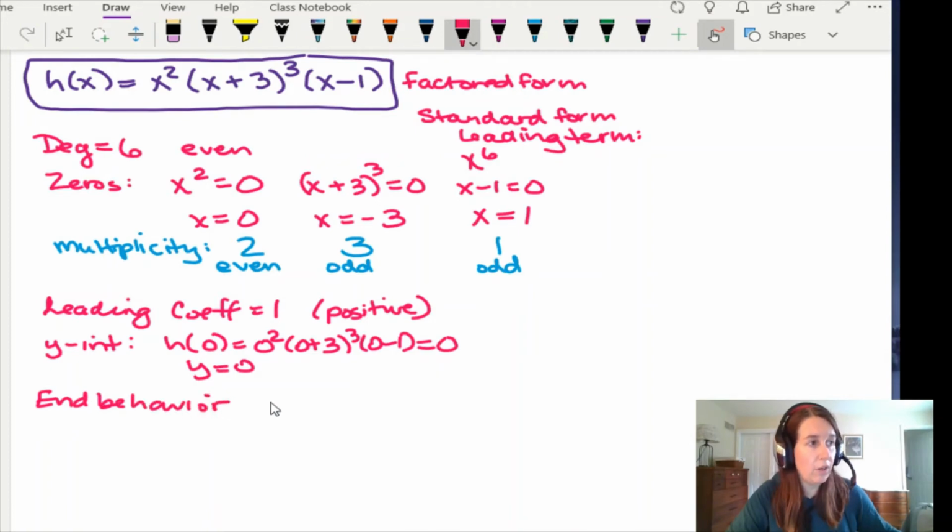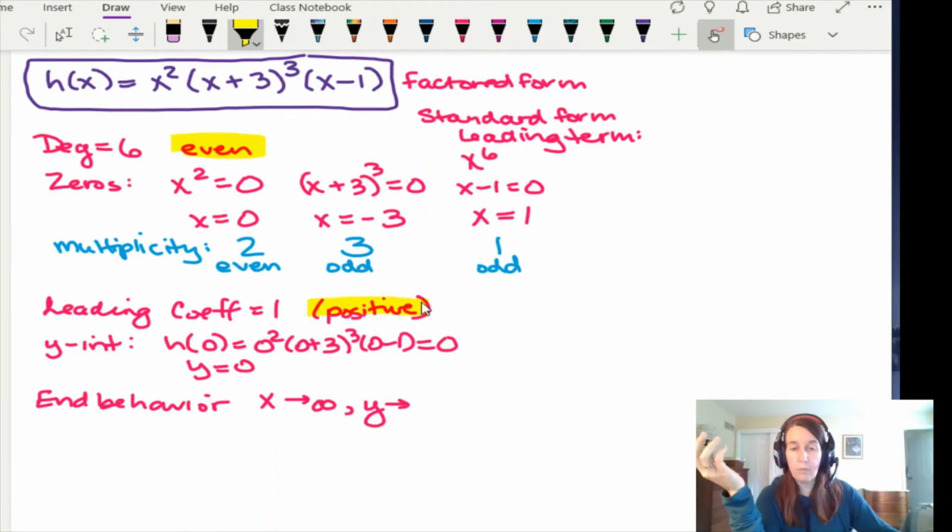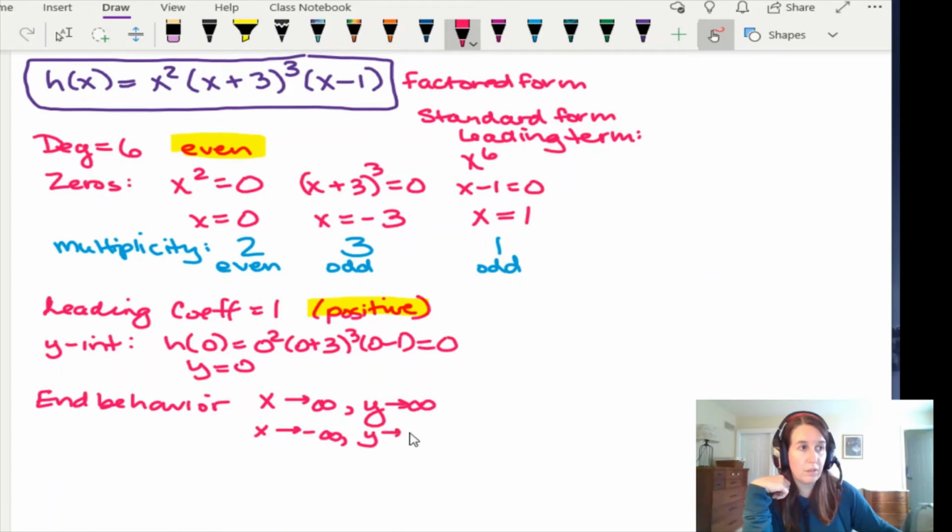As x approaches infinity, what does the y do? Remember, the degree is even, so it's up and up or down and down. And then we look at the leading coefficient. It's positive, so that's up and up. So positive infinity. And as x approaches negative infinity, we're also looking at positive infinity there.